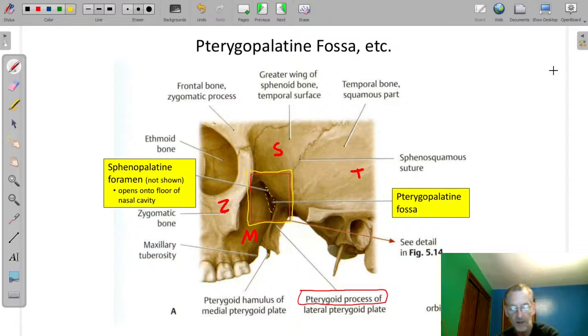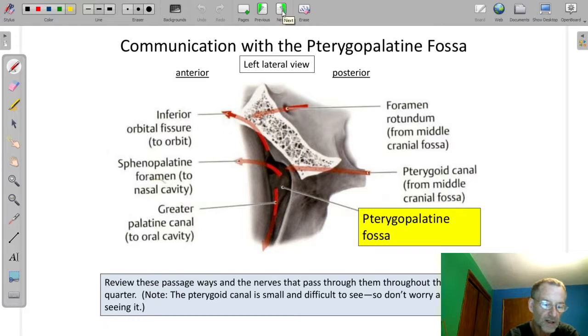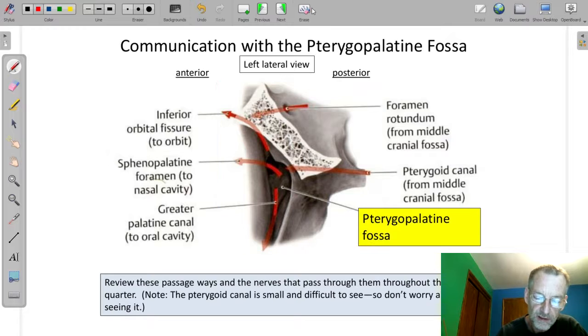And what it's going to show are different passageways that connect to this area, to the pterygopalatine fossa, because different nerves enter and leave this area. So here is that box that we just enlarged. Posterior view, anterior orientation.